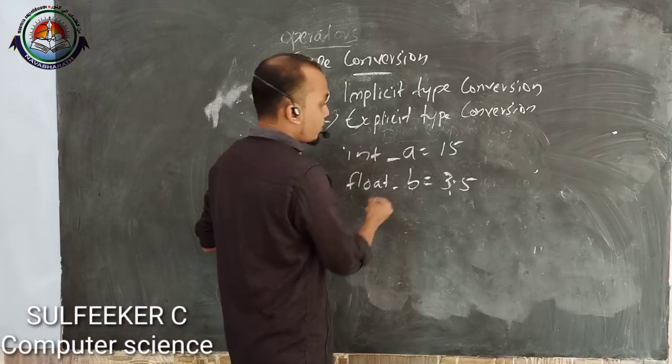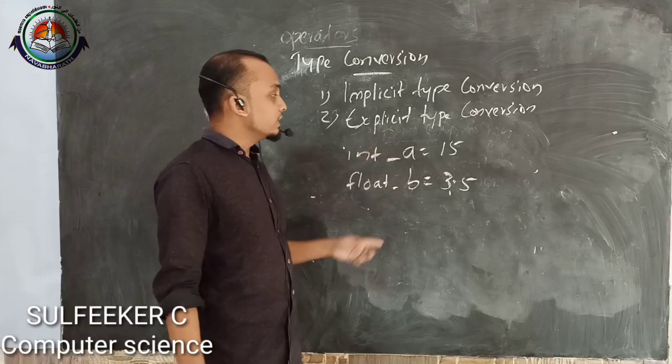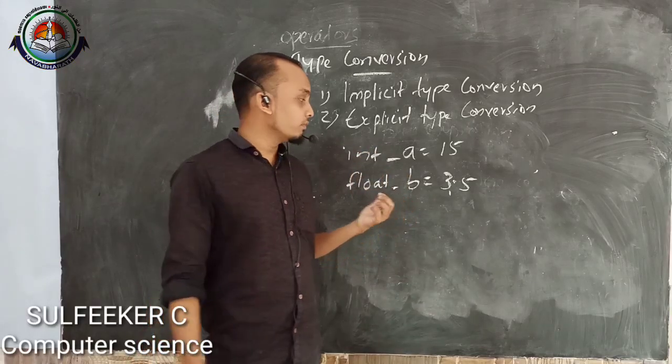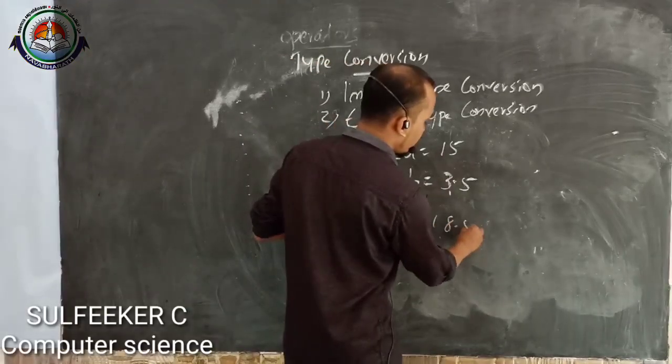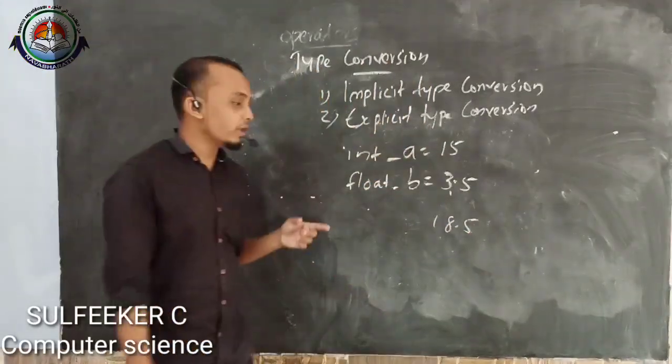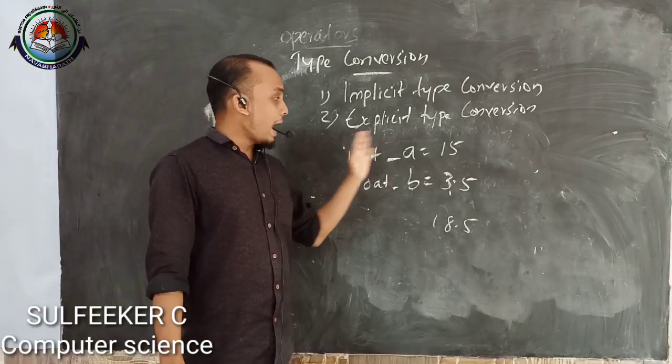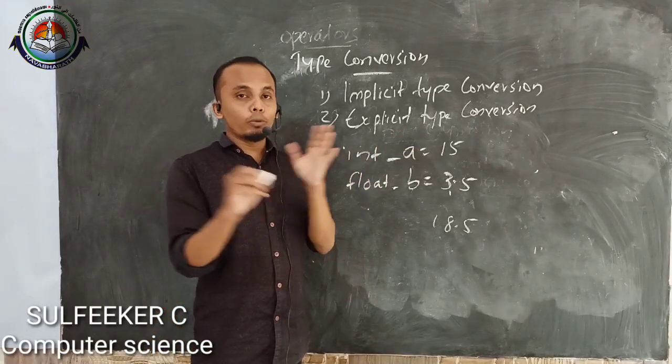Then when we add these two numbers, int A plus float B, what will be the result? We will get the result as 18.5. 15 plus 3.5 is 18.5. When we add these two numbers, there will be an automatic conversion.